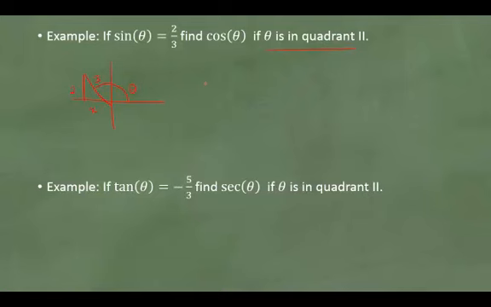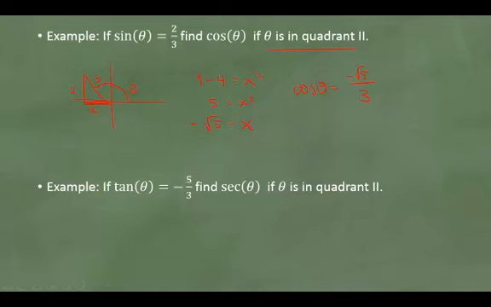Well, you can use the Pythagorean theorem. 3 squared minus 2 squared should equal x squared. So 5 should equal x squared, or the square root of 5 should equal x. And we're going to use negative square root of 5 because x is in the second quadrant. So cosine theta is negative square root of 5 over 3.